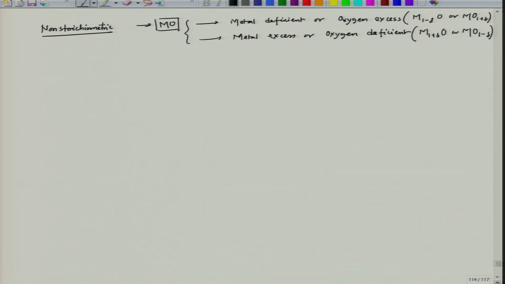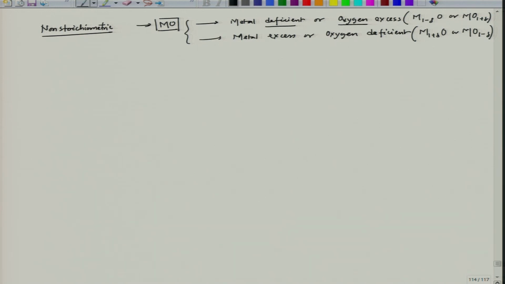Now, whenever we have such a situation, if it is a metal deficient oxide, or oxygen excess, then we will have a particular kind of oxide where the charge carrier will be a positive hole.